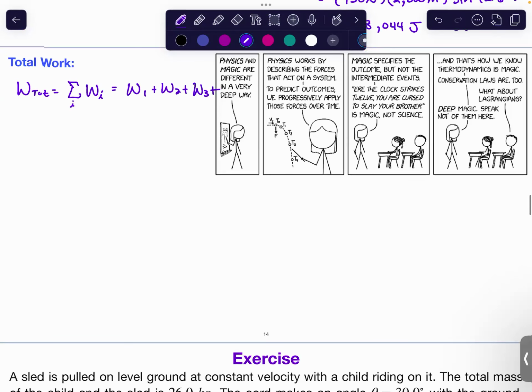Well, but what if we change this to total work, we could have a vector sum of all the forces present. See where that resultant lies.